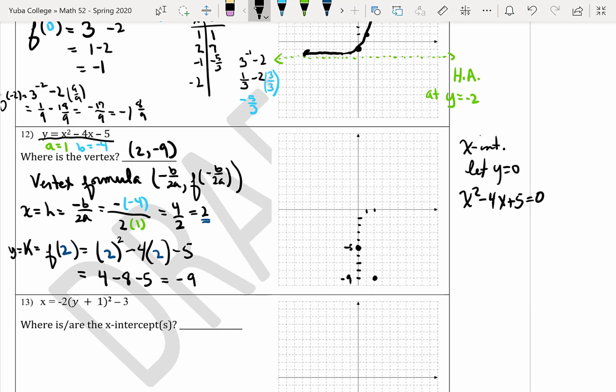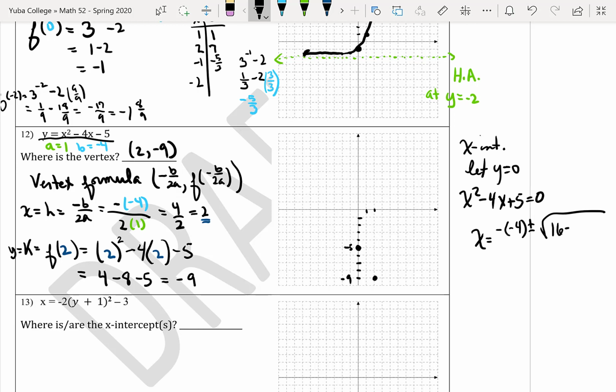So I know that x is equal to -b, so the negative of -4, plus or minus the square root of b squared, so -4 times -4 is 16, minus 4 times a, which is 1, 4 times 1 is 4, times c, 5, is 20, all over 2a.